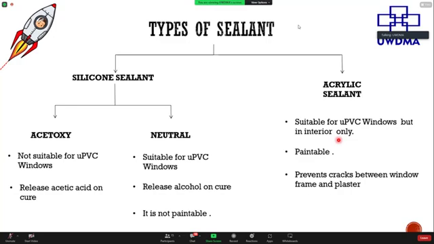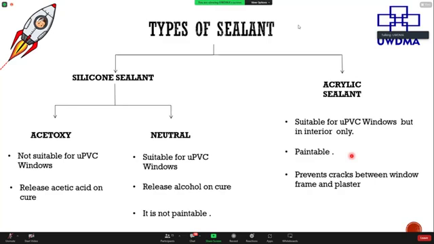One thing which is good with acrylic sealant is they are paintable. Especially in interiors, they can be painted matching the paint of the walls. And if there are cracks and all, that also could be filled with these sealants, and then you can paint it.